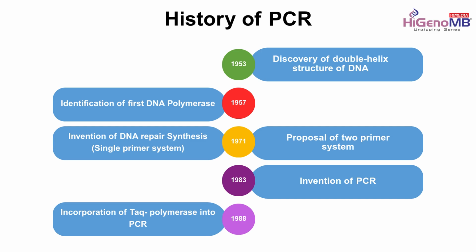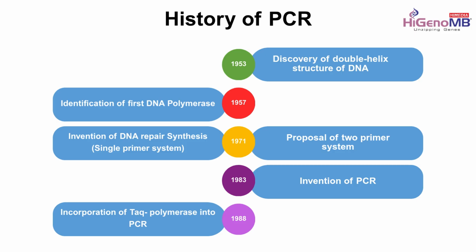He showed that if you vary the temperatures, at 95 degrees, at 60 degrees, at 72 degrees, and use appropriate enzymes and raw material, then a DNA can be copied into multiple copies, in millions or billions of copies.